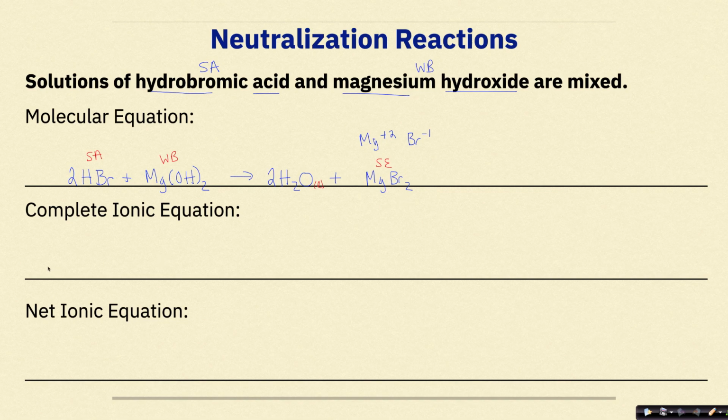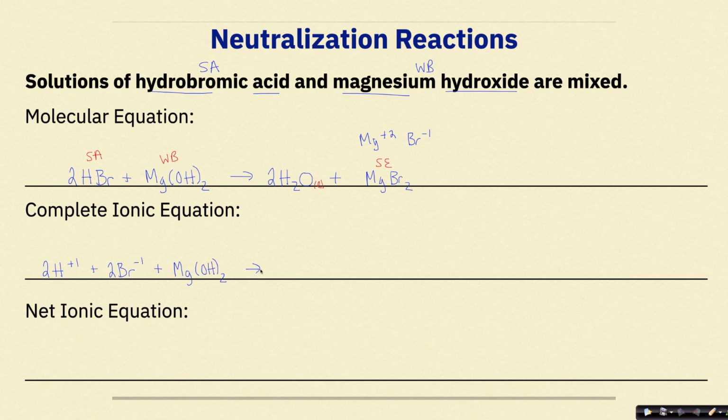Now that I know that, I'm going to break these up into a complete ionic equation. So 2H+ plus 2Br -. Mg(OH)2 is a weak base. That is not going to be broken apart. Do not separate your weak acids and weak bases into ions. Don't do it.